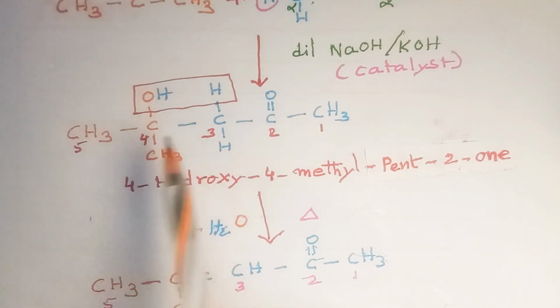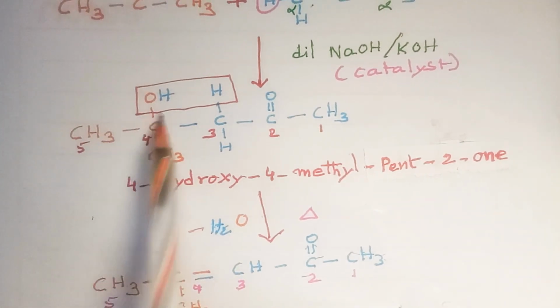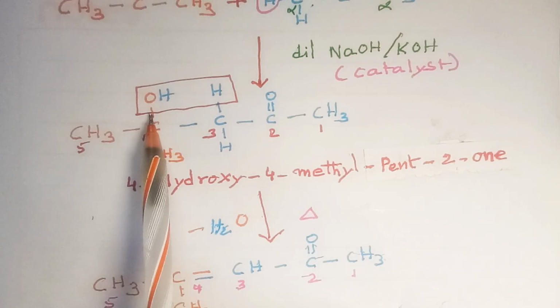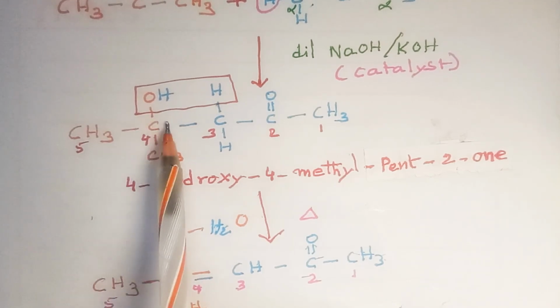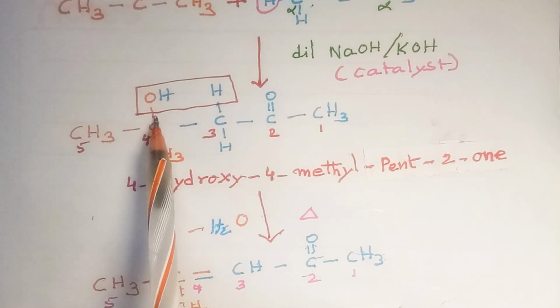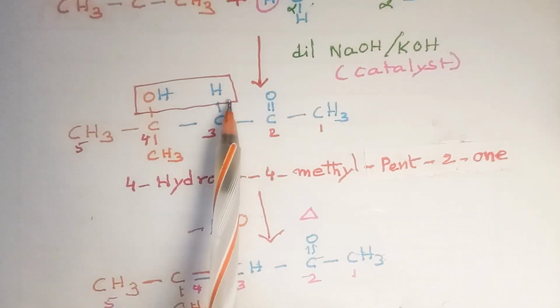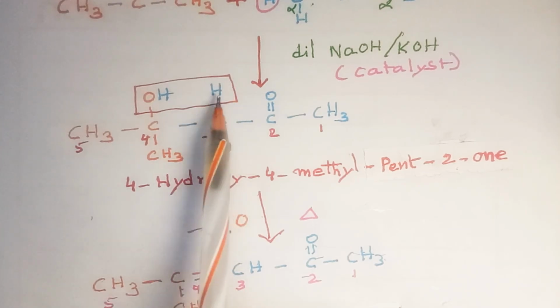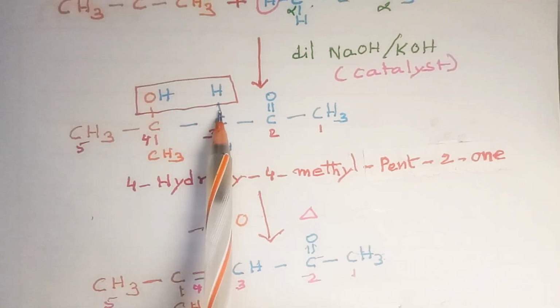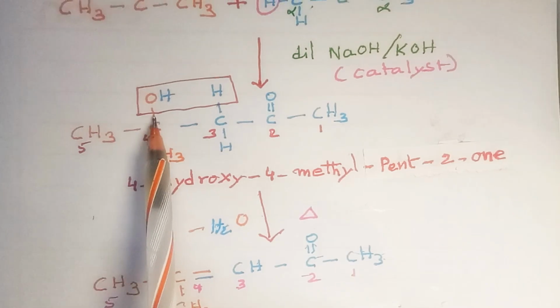So as this bond breaks, this OH bond will have 1 electron. This CH2 will take its 1 electron and go. There is 1 electron left behind.